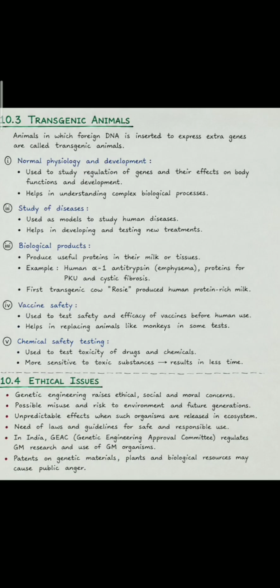It has also created problems with patents granted for the same. There is a growing public anger that certain companies are being granted patents for products and technologies that make use of genetic materials, plants, and other biological resources that have long been identified, developed, and used by farmers and indigenous people of a specific region or country.